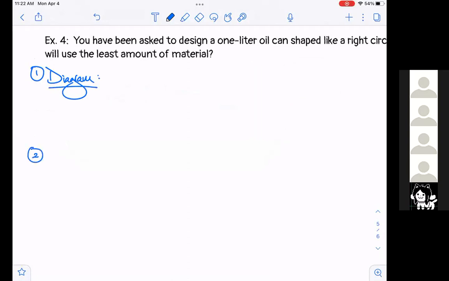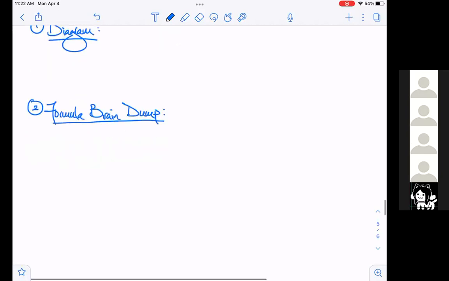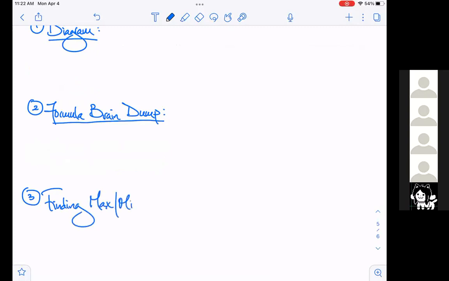Leave space for a formula brain dump. And leave space for finding the maximum or minimum.